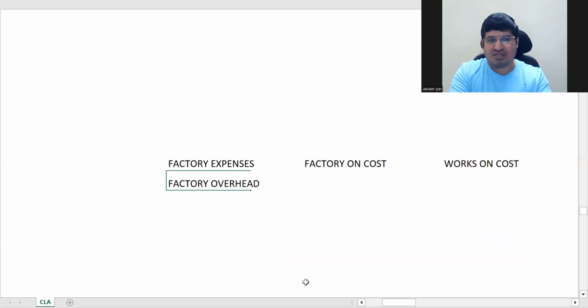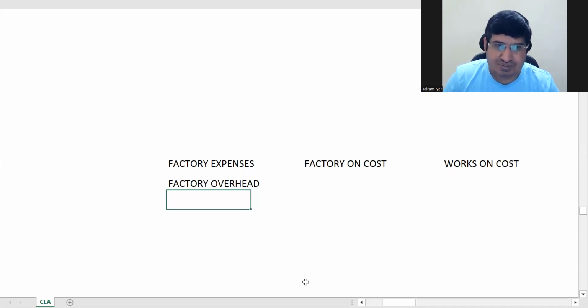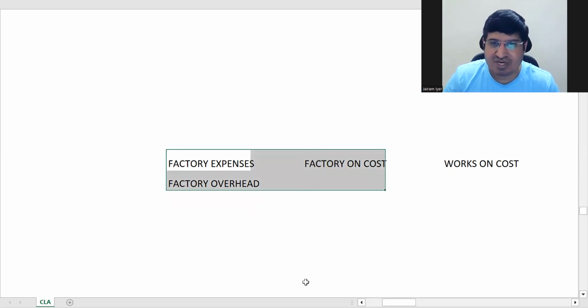All these are the same things. So these are the various ways you can write factory overhead.